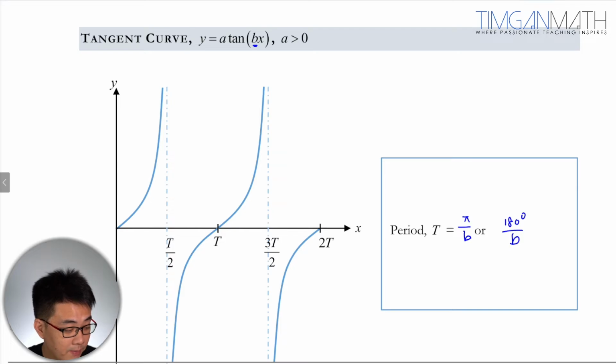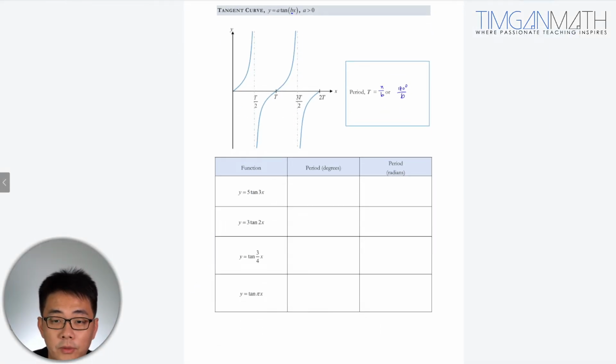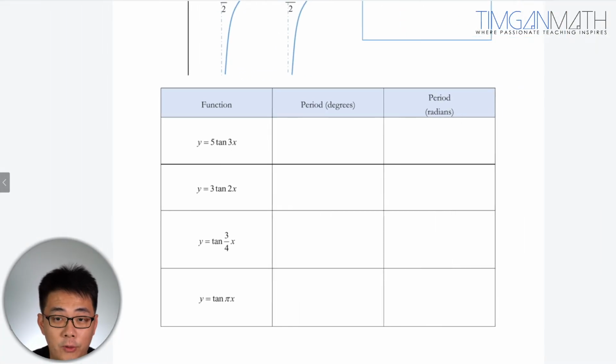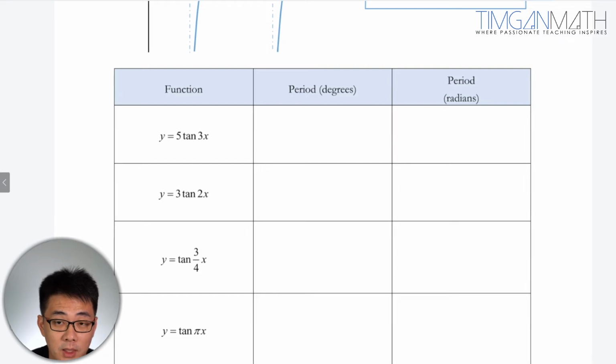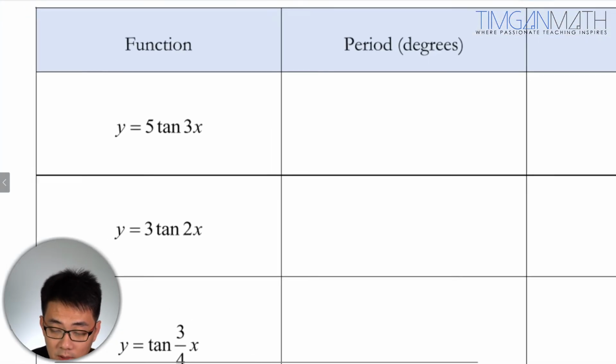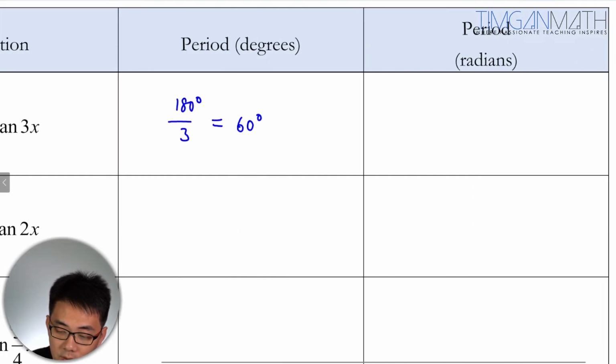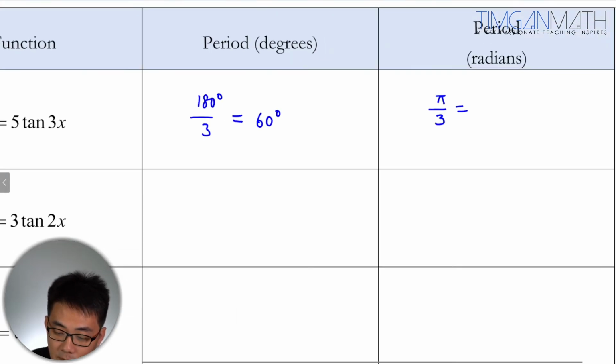Can you just remember that this is for tangent? So you're going to fill in the blanks here. So for tangent curve, it's a bit more straightforward because you only need to know how to decide the period. So the period in degrees will be 180 divided by 3. This will be 60. Or if it's in radian, then it's just pi divided by 3. Okay, so you try and fill up all the blanks.